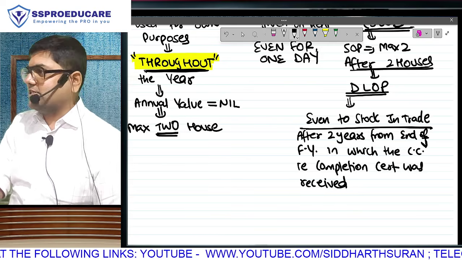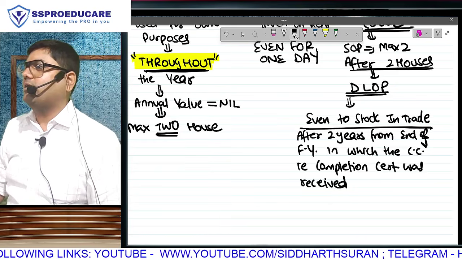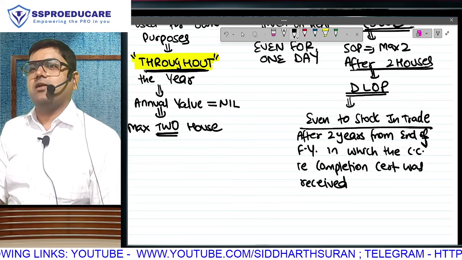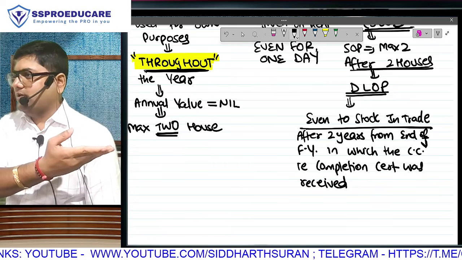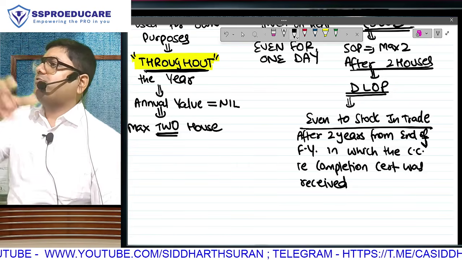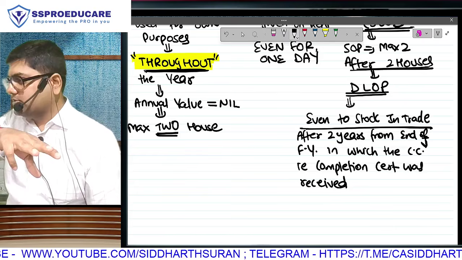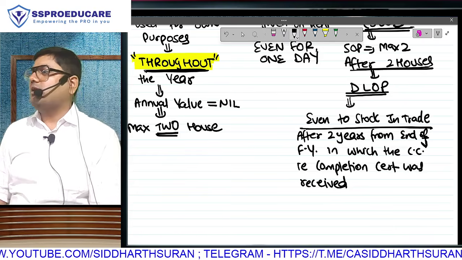Once the buyer has received possession and started living, he does not bother whether OC has come or not, or whether the society's land is registered in our name or not. There was a case in South Mumbai in an area called Worli. There is a housing society called Campa Cola, where people had stayed for 30 years, and suddenly the government told them that your land does not have OC, the land belongs to us, vacate.